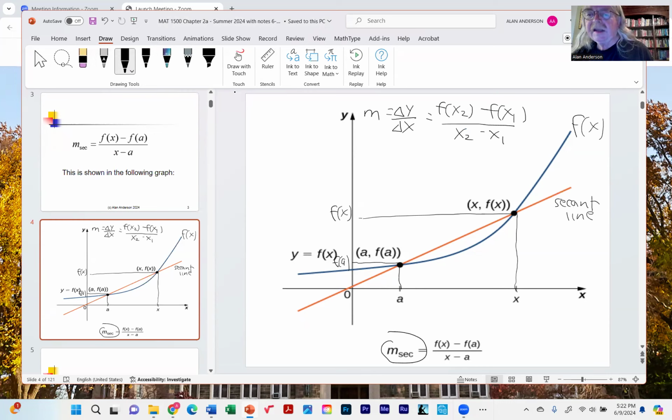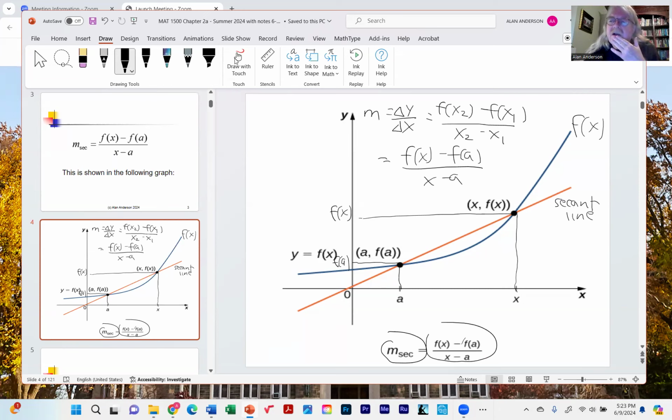So in this particular case, we can write it as f of x minus f of a, all divided by x minus a. That's where this is coming from. So again, it's just the same as any other situation where you calculated the slope of a straight line. It just so happens that this is a secant line.